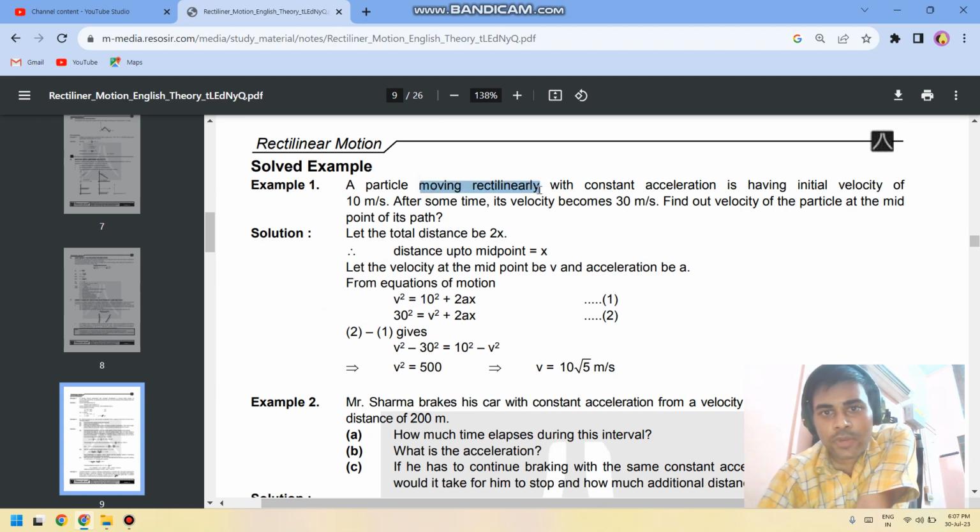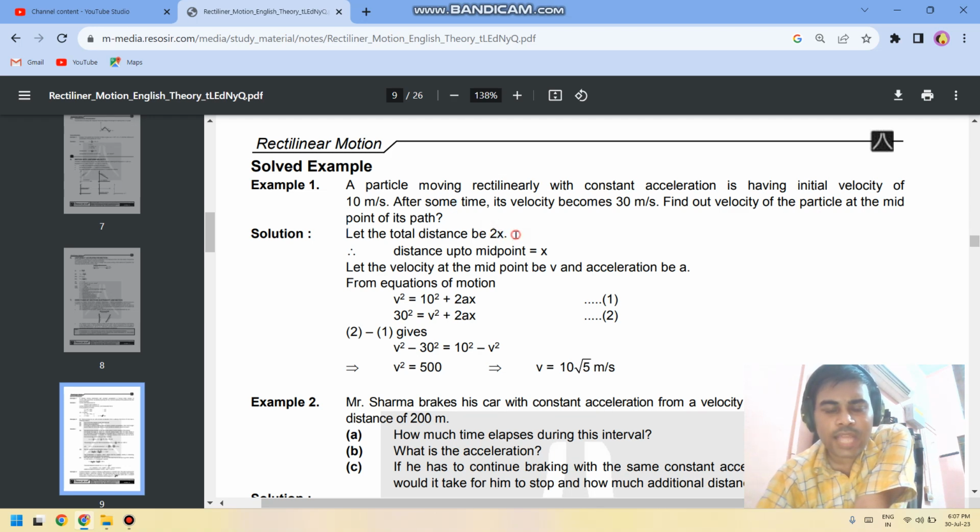Suppose a particle is moving rectilinearly with a constant acceleration, having an initial velocity of 10 meter per second, and after some time its velocity becomes 30 meter per second. Find the velocity of the particle at the middle of the path. Suppose the total distance traveled is 2x. Why is it taken as 2x?